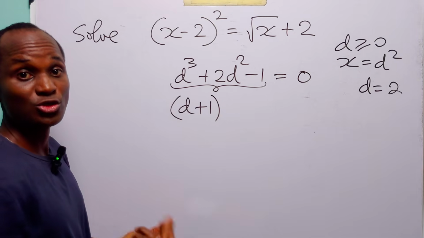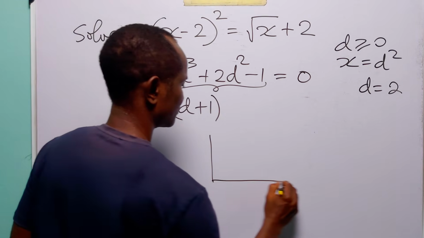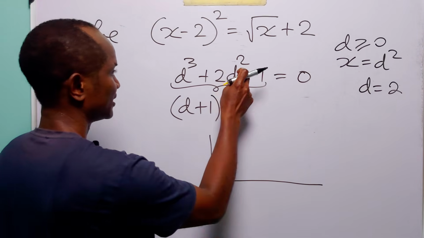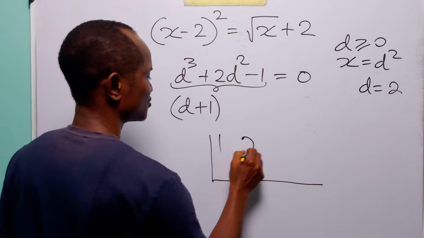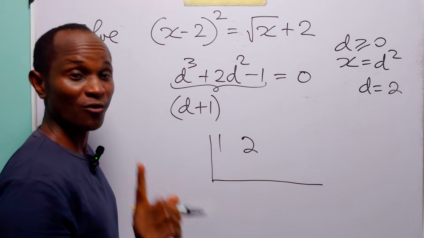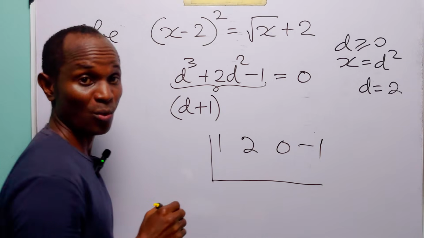And to divide, we are going to use our synthetic division method. So we have the coefficient of d cubed is 1. The coefficient of d squared is 2. You can see that there is no term in d, so the coefficient of d is 0. Then the constant term is minus 1.